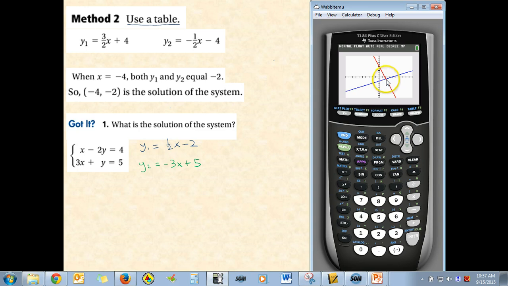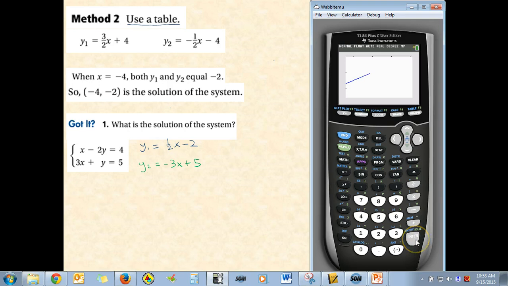It looks like they intersect right over here somewhere. So I'm going to zoom in on that, and zoom in some more. I'm going to try zoom box. You hit enter, and then you go down and over to make a box.